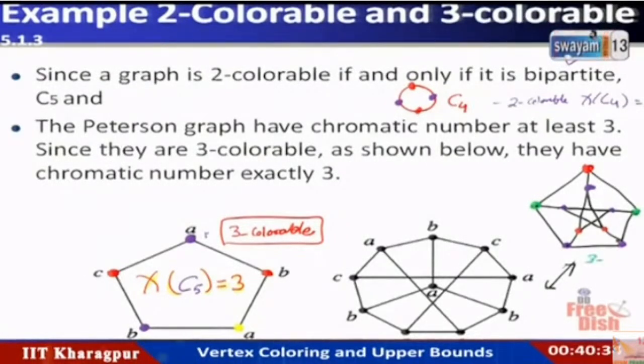So 3 colors. So this graph is 3 colorable, or the chromatic number of the Petersen graph is equal to 3, that we have seen. So these graphs are called 3 colorable, while bipartite graphs are called 2 colorable graphs.